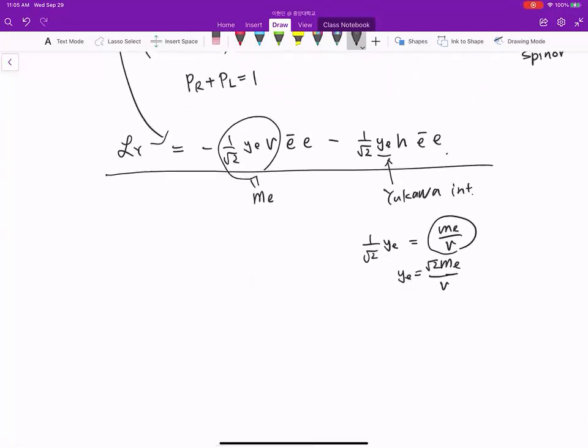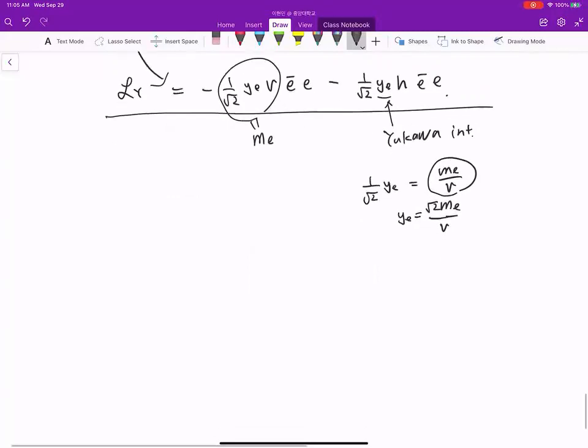So if you have larger masses, then you have a larger coupling to Higgs. So the Higgs Yukawa interaction depends on the particle mass. In the case of the top quark, the top quark is the heaviest particle, so you have the strongest interaction between Higgs and top quark.